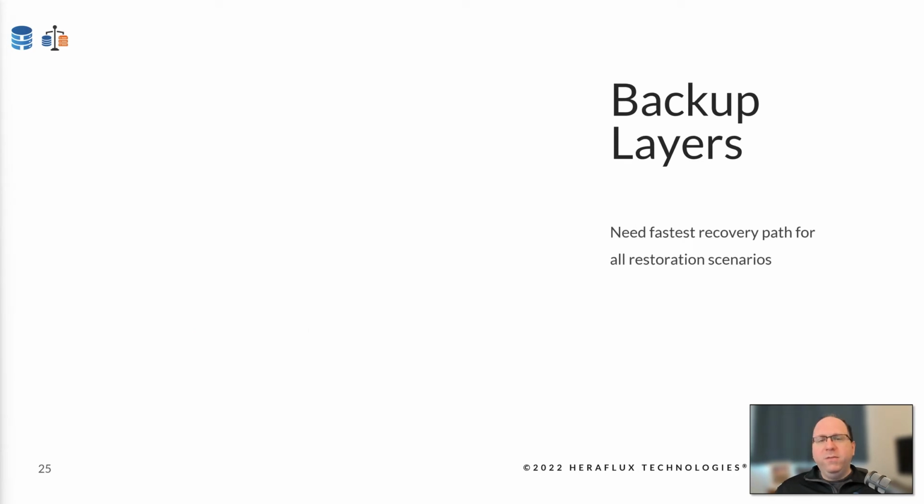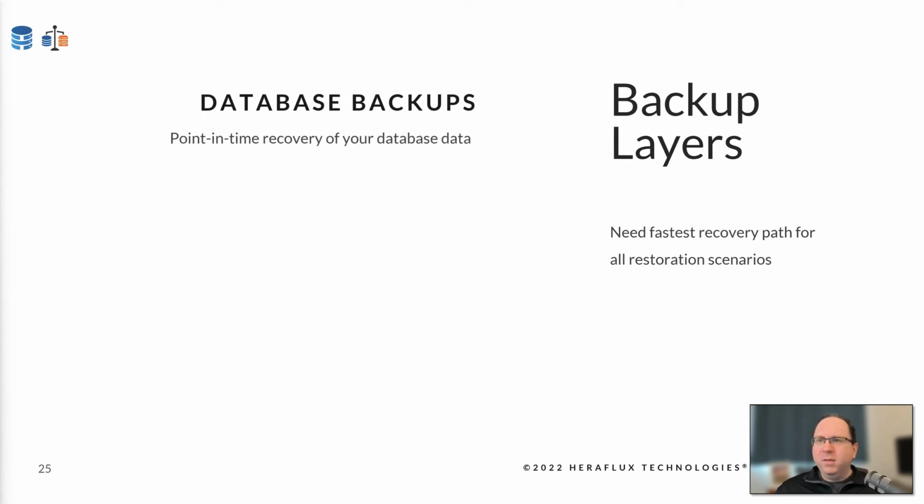Now, we need the fastest recovery path for all of the scenarios that really matter to you. So from a database backup perspective, again, this gives us a point-in-time recovery of your database data. One big thing I want to mention: let's say I'm doing transaction log backups every 30 minutes.